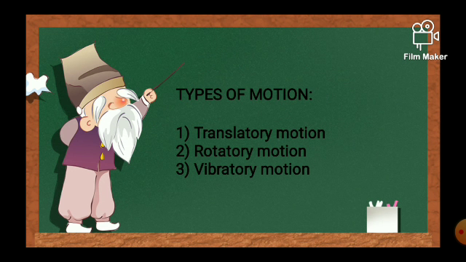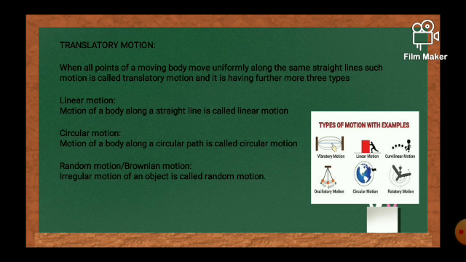Well, let's see what translatory motion is. Translatory motion is when all the points of a moving body move uniformly along the same straight line. Just take the example of a bus moving along its path.